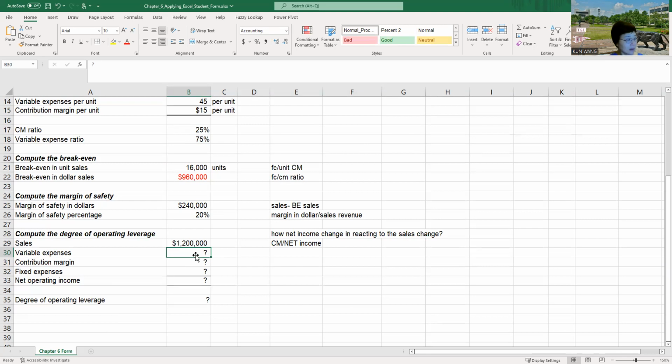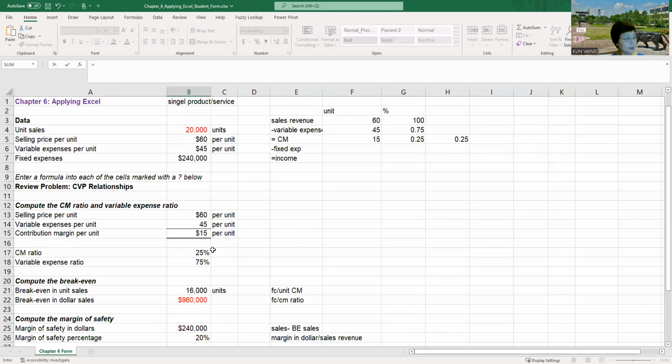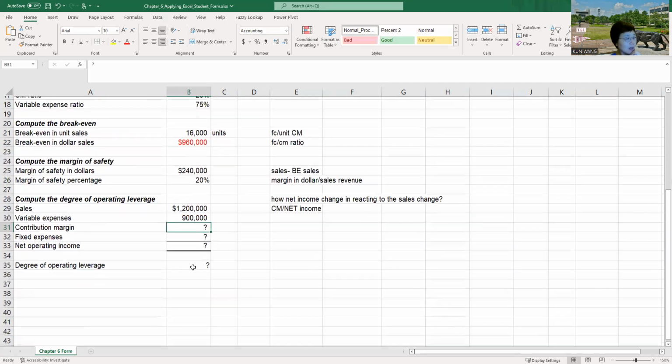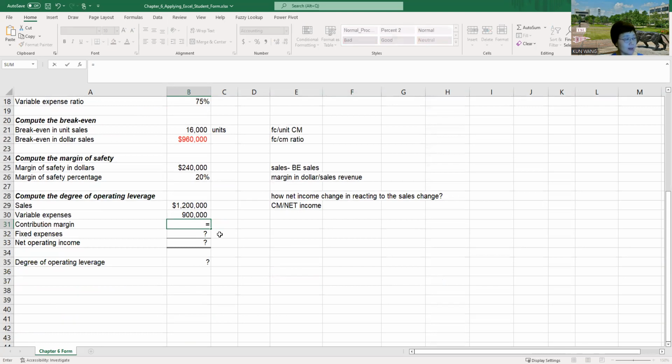And then the variable expense, units times the variable expense per unit, so 900. And the contribution margin, the difference between these two, is 300,000.